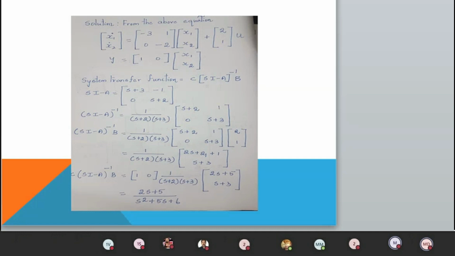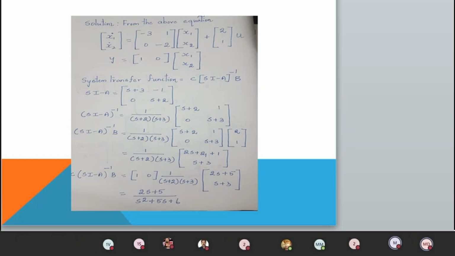The determinant is (s+3) into (s+2). For (sI minus A) inverse, you swap a11 and a22 and interchange the sign of a12 and a21.